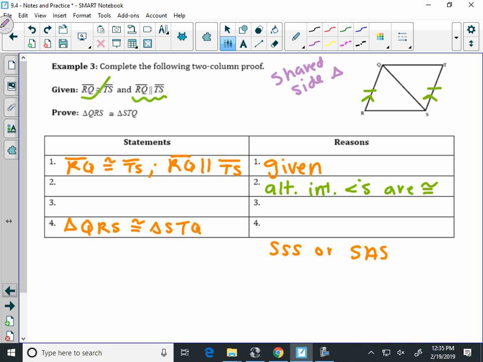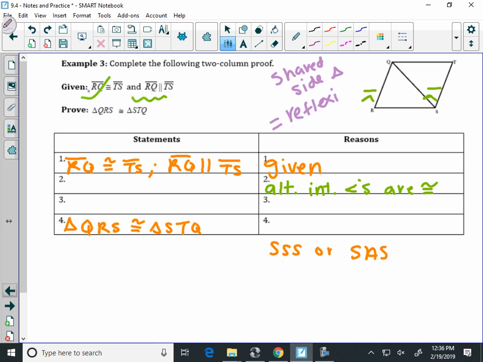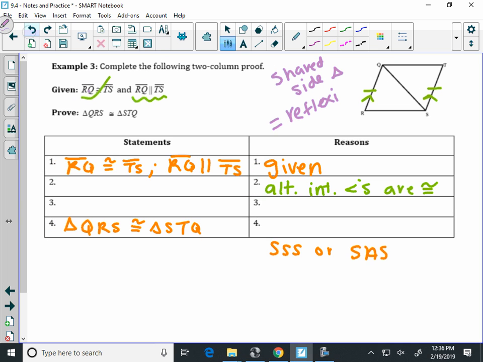So whenever you have shared side triangles, they're connected with a side going down the middle of them. Your reason's always going to be reflexive property, every time. That is another freebie. Whenever you have shared side triangles, one of your reasons every time is reflexive property.